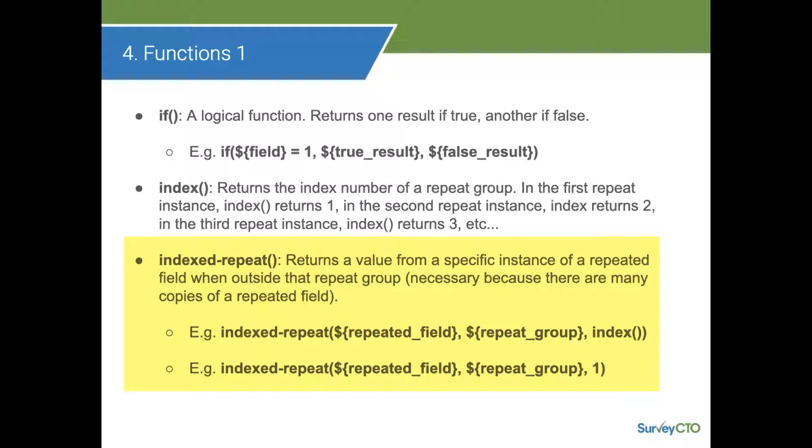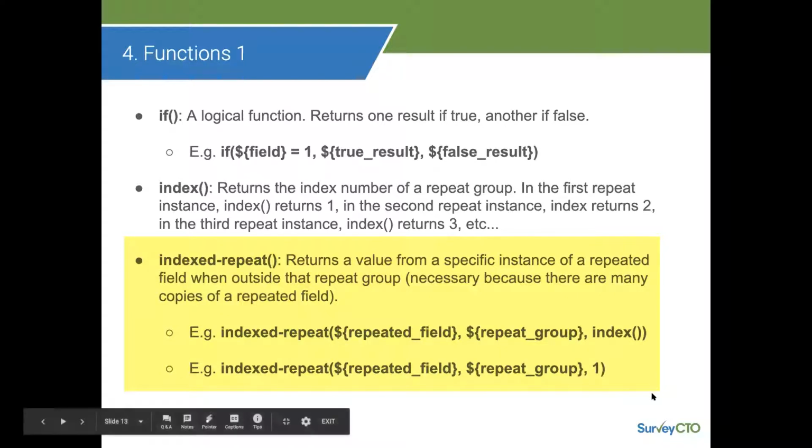So in this first example, the field named repeated field, which is located inside a repeat group, named repeat group, is being returned, and it's being called dynamically based on the value returned by index. In our second example here, the indexed repeat function is doing something very similar.